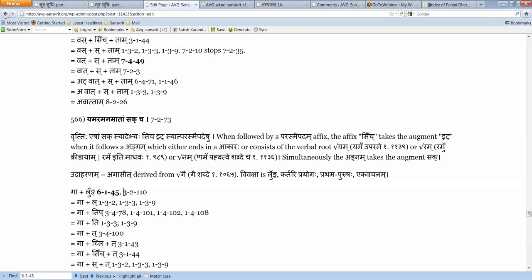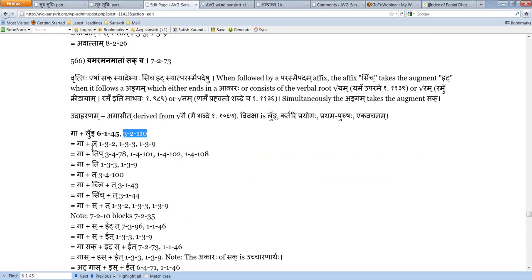And then we bring in the Lung for the usual steps: Anubandha Lopaha, Tibba Adeshaha, Anubandha Lopaha, Itascha, Chilungi, Chilesich, and then Anubandha Lopaha.